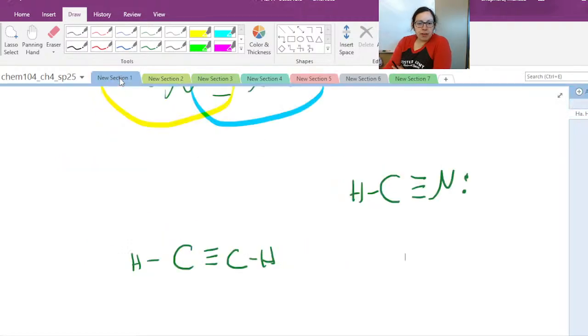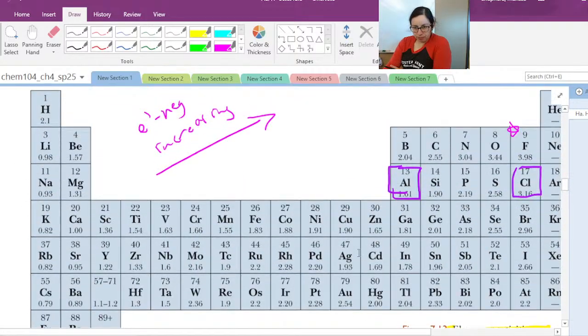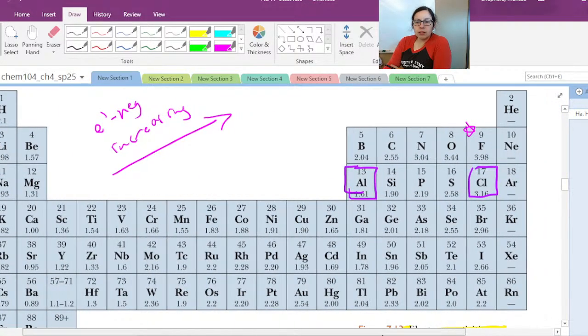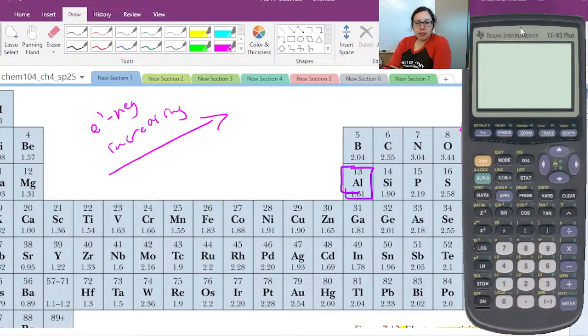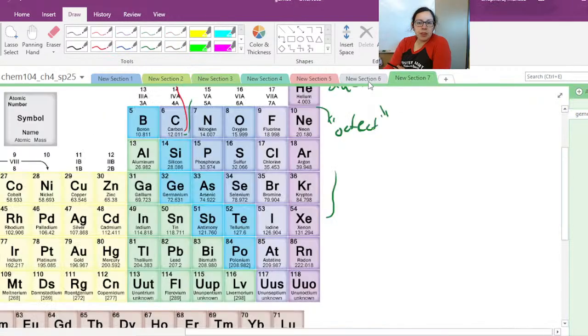We could calculate the electronegativity if we wanted. So 3.16 minus 2.55, oops. It's just over 0.4, so technically polar.